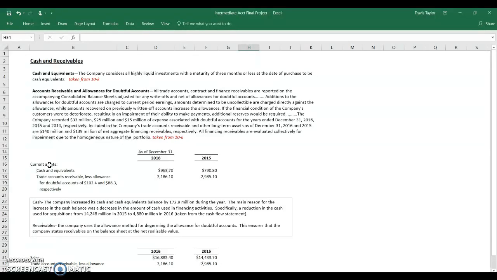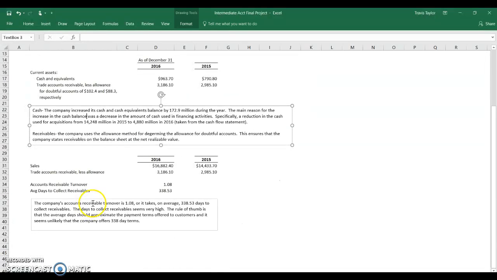That acquisition activity was reduced this year. It was 14,248 million, or 14.2 billion, in 2015, and only 4.8 billion in 2016. Still a significant amount of money, but it makes a big difference in terms of the cash on hand.